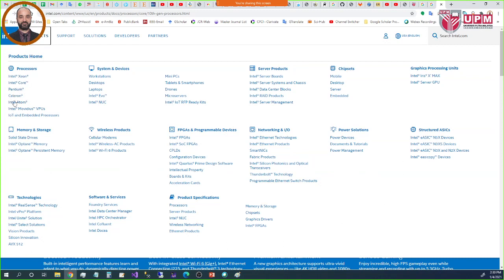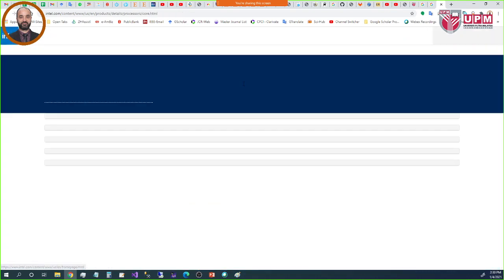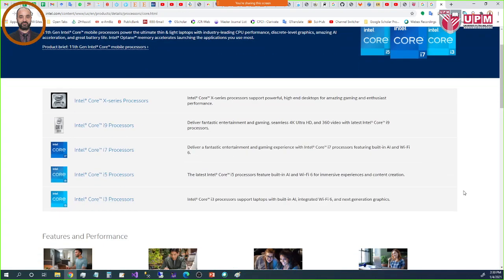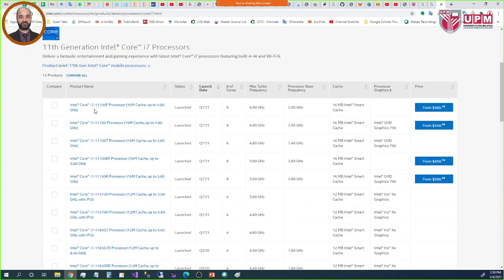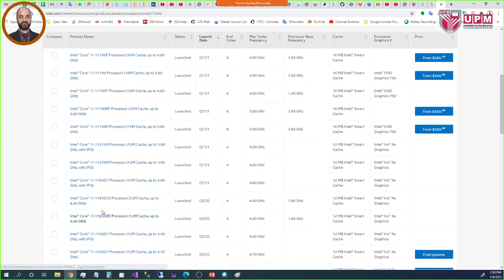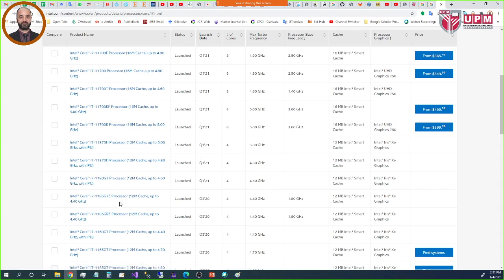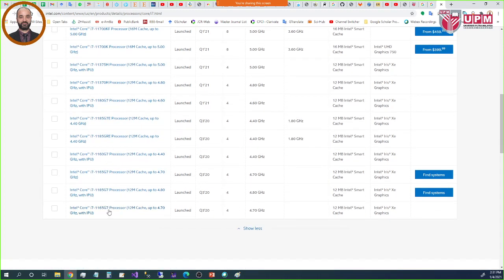can you see Intel Core? Okay, let us take Intel Core and see Intel Core X series, Intel Core i9, i7, and so on. Let us take, for example, i7. Here, if you can see, we have F series, we have T, KF, K, H, G7, 7E, GRE, G7, and so on.